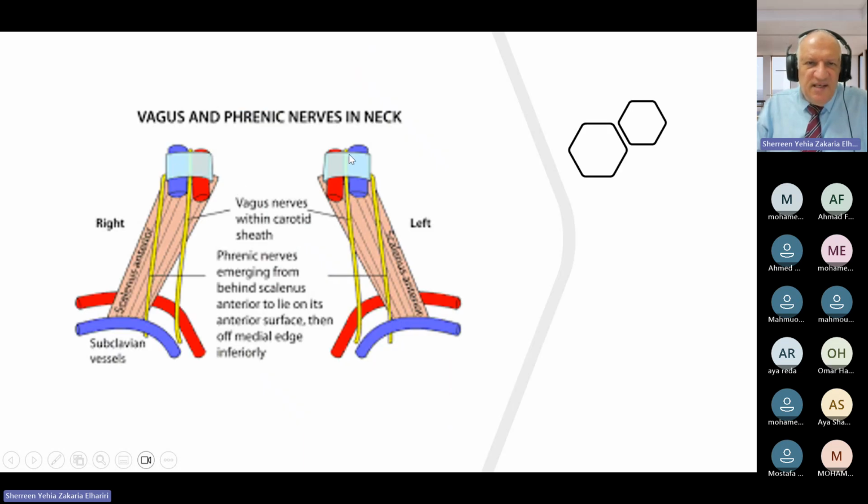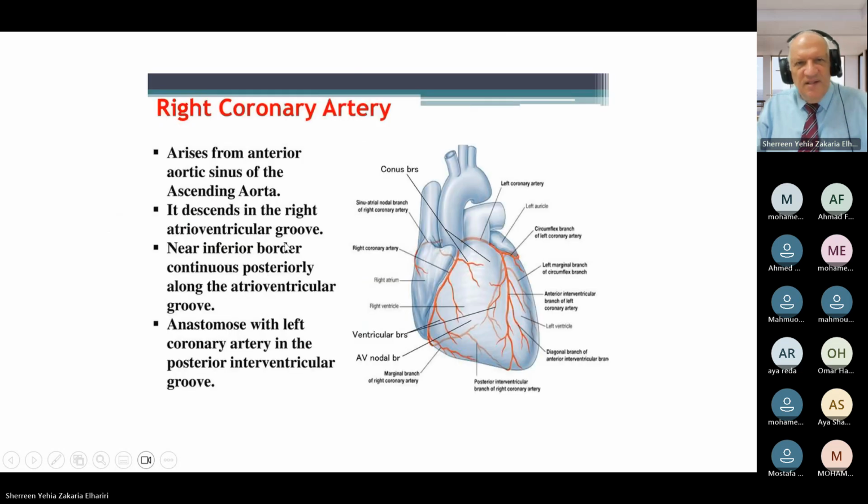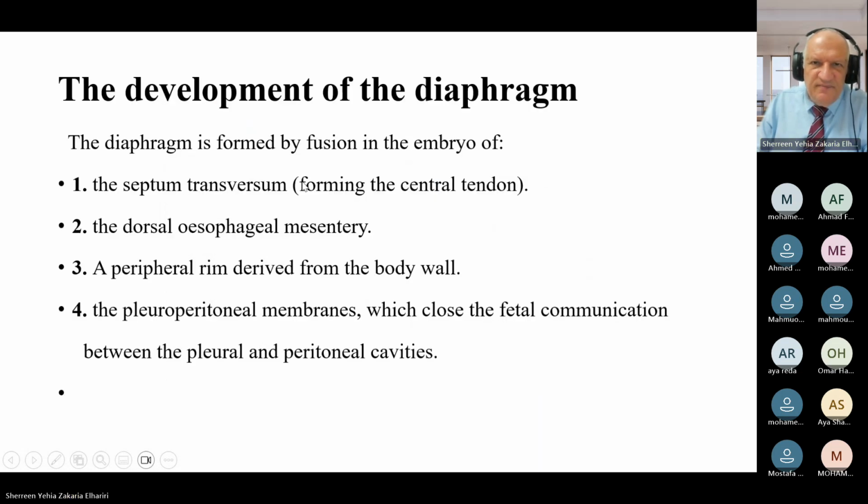And this is again the vagus in the neck and the phrenic in the neck. So you can find the vagus is more medial, phrenic is lateral, and after that it joins the heart. And again, this is coronary, right coronary arises from the anterior aortic sinus.